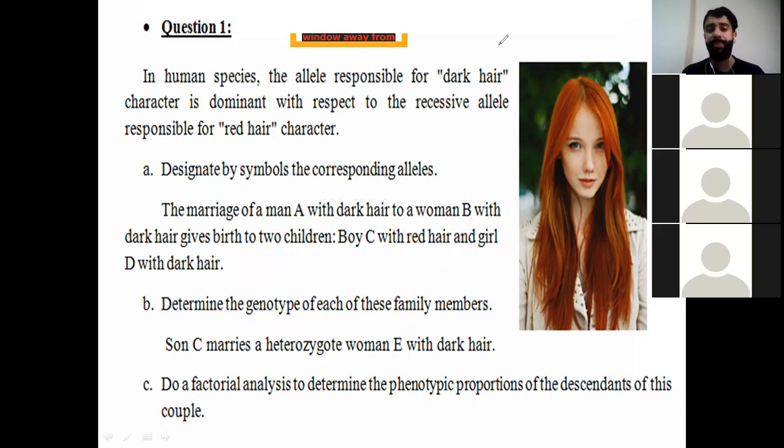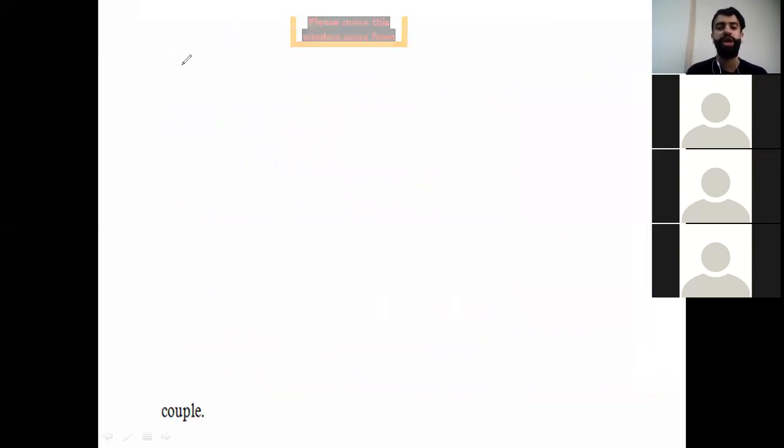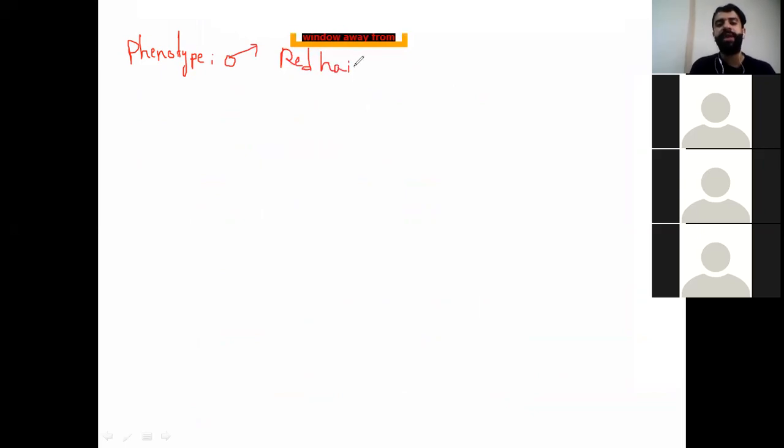Let's start step by step in this exercise. Factorial analysis. First step, you have to start with the phenotype of the parents. The male, Son C, has red hair, crossed with the female. The female has dark hair.